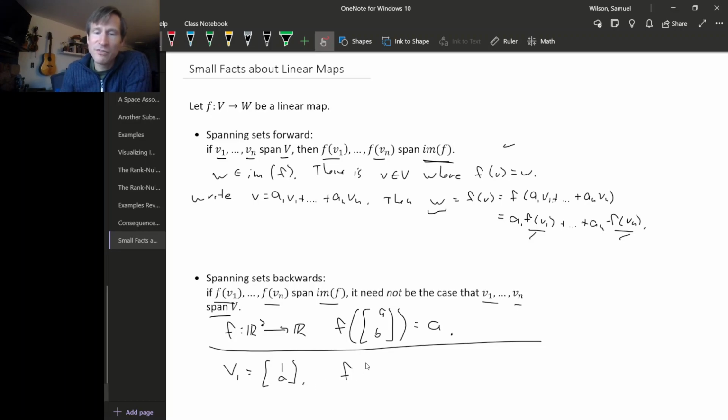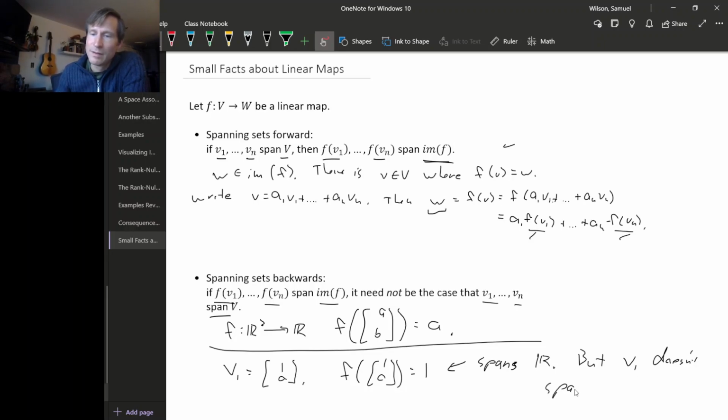So f of (1, 0) is 1, and this spans the codomain space R. But my lone vector v does not span the domain space V, right? So just because you have images that span, that doesn't mean that the vectors you started with span.